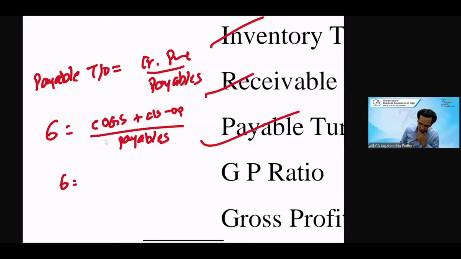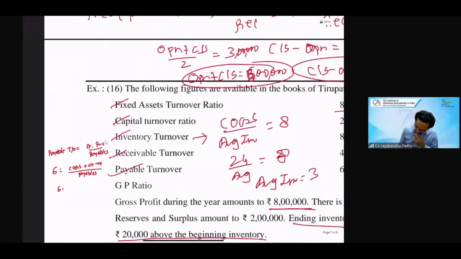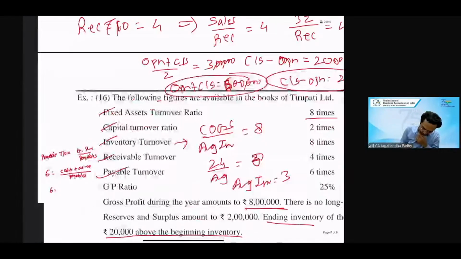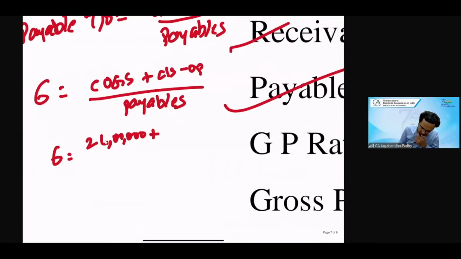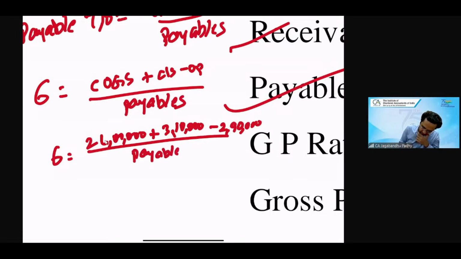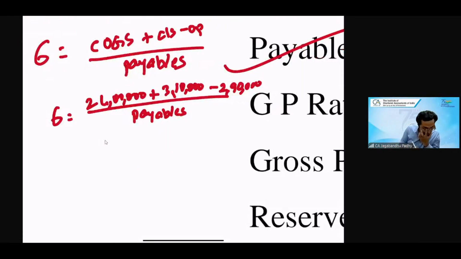So 6 equals 24 lakhs plus 3 lakh 10,000 minus 2 lakh 90,000, divided by payables. Payables will be 24 lakh plus 3 lakh 10 minus 2 lakh 90, and the whole thing divided by 6. So what is the value of payables?